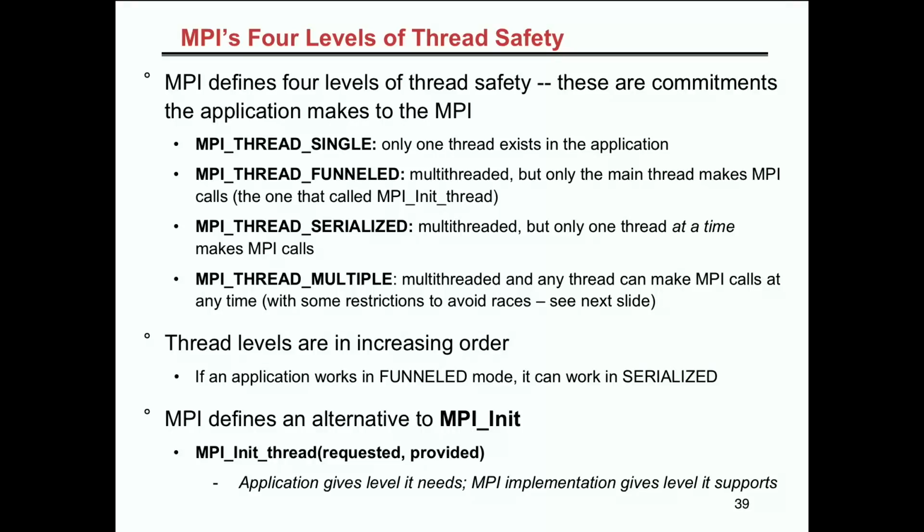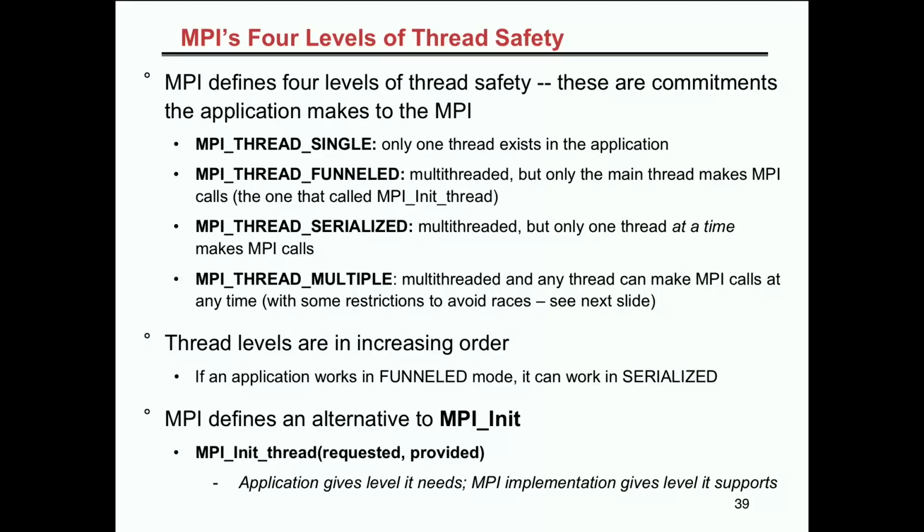So let's say you request MPI_THREAD_MULTIPLE, and the implementation returned, in the provided variable, MPI_THREAD_SERIALIZED. So basically, it tells you don't call MPI from different threads at the same time. I don't support it. And it also tells you that not only serialized is OK, funneled, single and whatnot are of course OK.